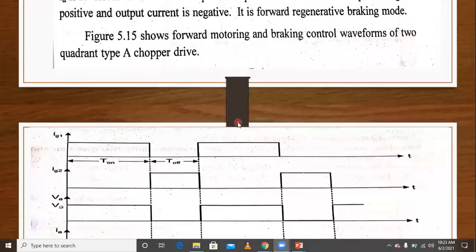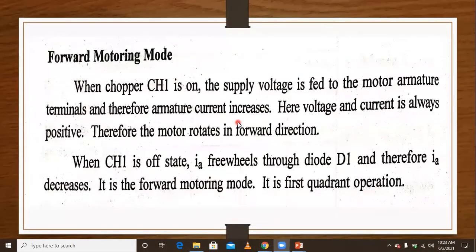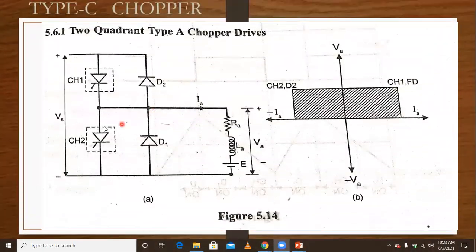After that, consider chopper H1 in the off state. What happens under the off state condition? It is an open circuit. The power supply is not connected to the DC machine.